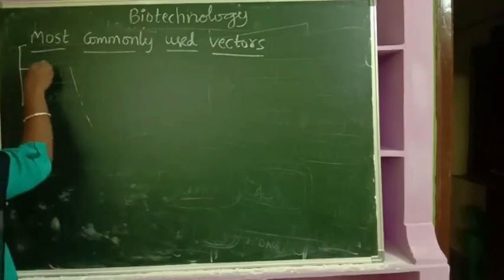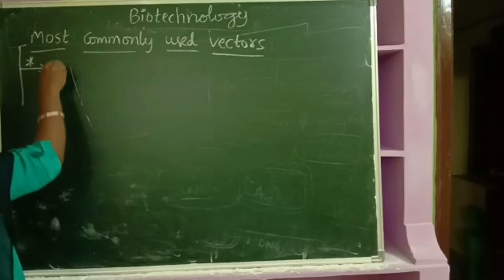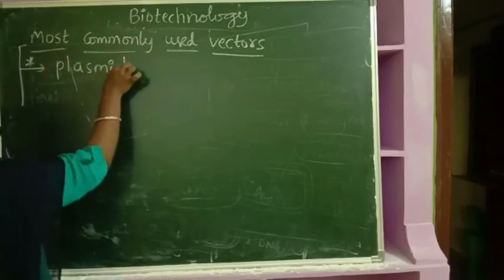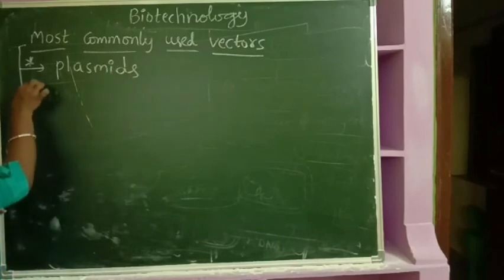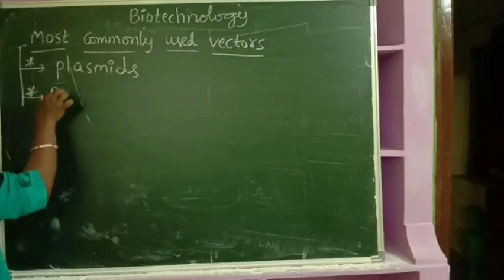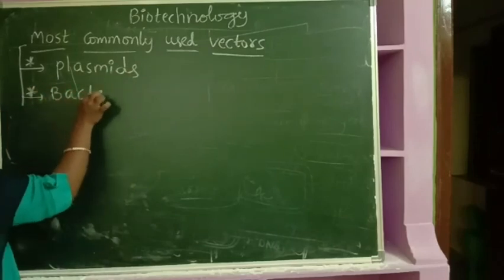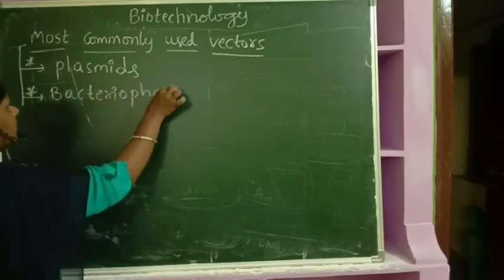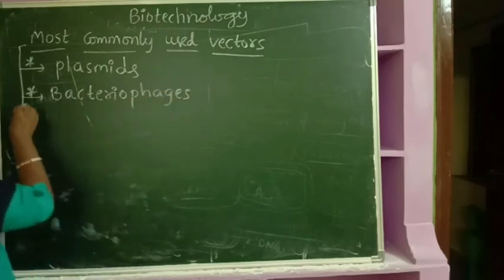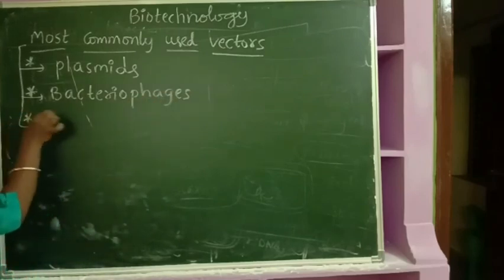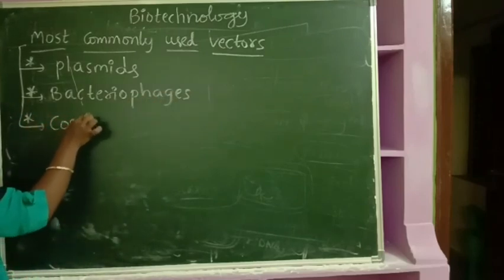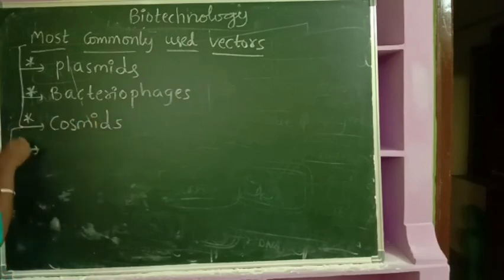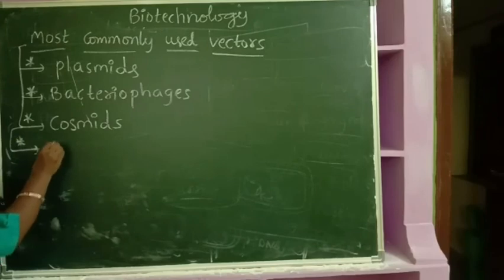Just now we studied plasmids, and most of the time plasmids can be used as vectors, and bacteriophages, then apart from this cosmids, and including artificial chromosomes.